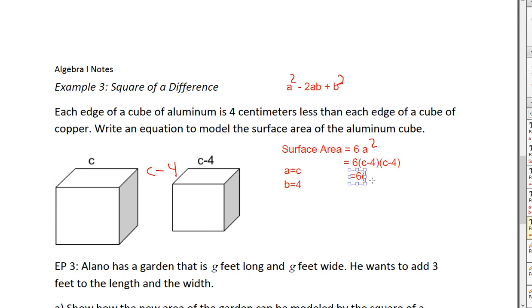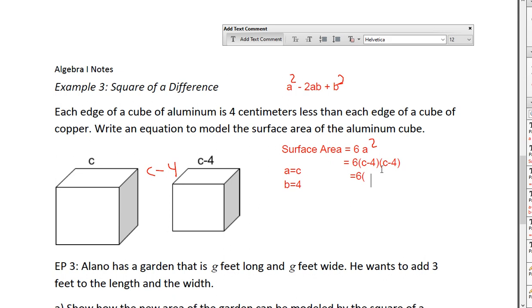Okay. So I don't know if it'll let me back in here. There we go. Okay. So it'll be 6. What is A? It's just C. So it'll be C, and we'll leave room for squared, minus 2 times AB.